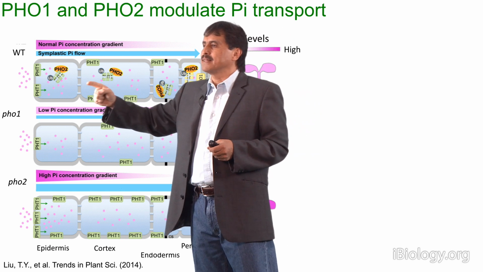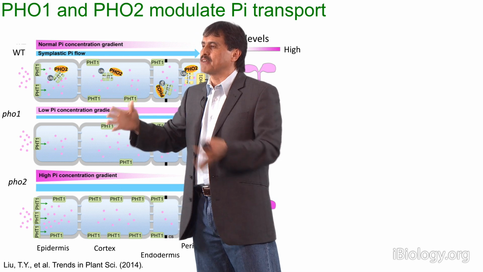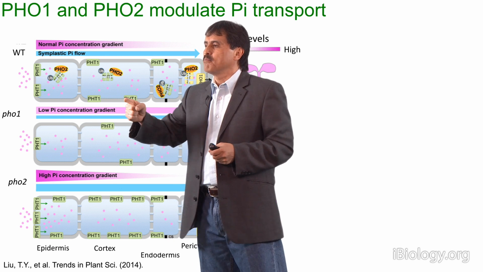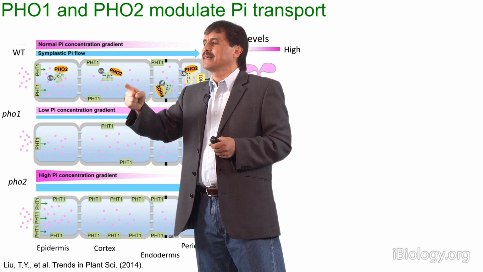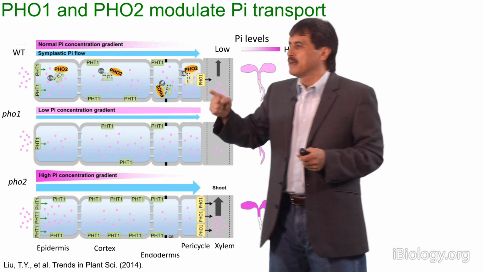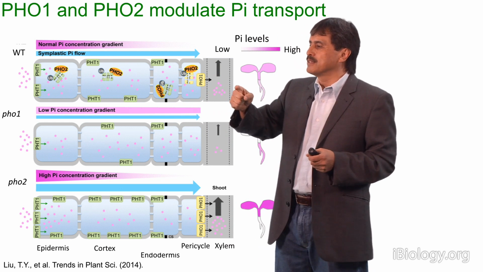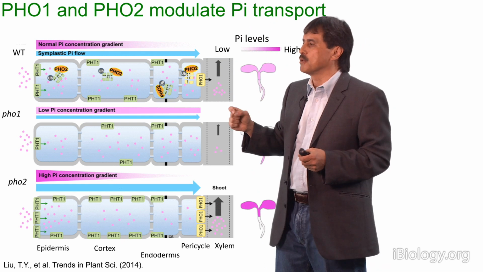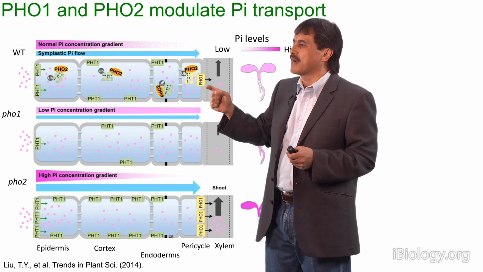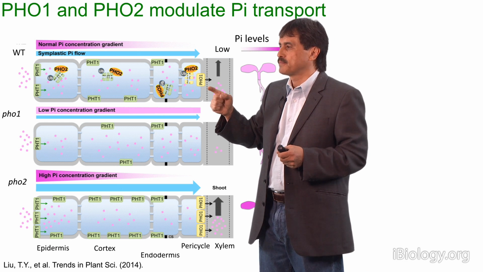So when the plant is in normal conditions, PHO2 destroys a certain amount of transporters, both the transporters that allow the entry of phosphate into the epidermal cells, and also the transporter that allows the transport of phosphate into the xylem to move up into the plant. PHO1 is the transporter that allows the entry of phosphate into the xylem.